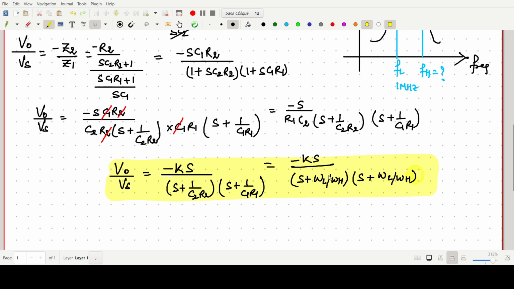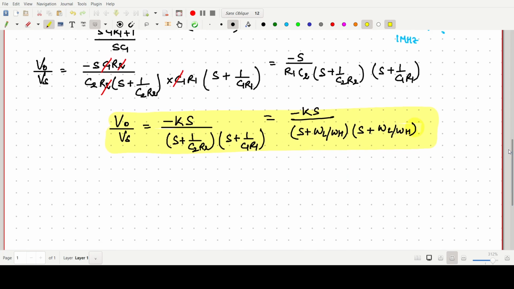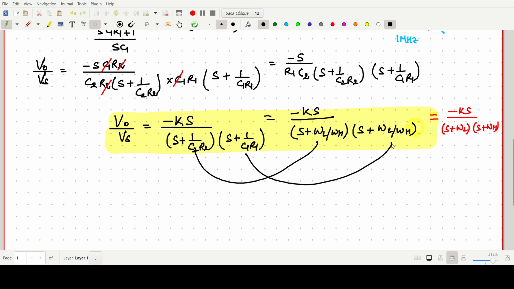Okay, so now this one is our band pass filter. If you solve, it should be s plus omega L. This may be omega L or omega H. Means it should be the transfer function, this value will be minus Ks divided by s plus omega L and s plus omega H. But which term is our omega L or omega H, we don't know.